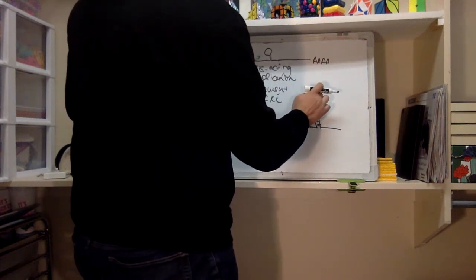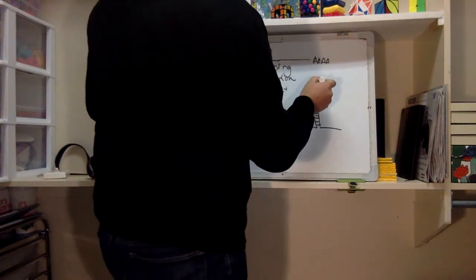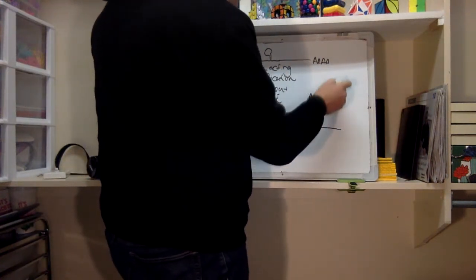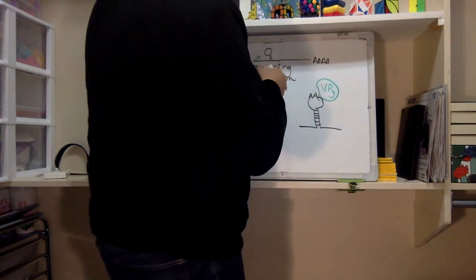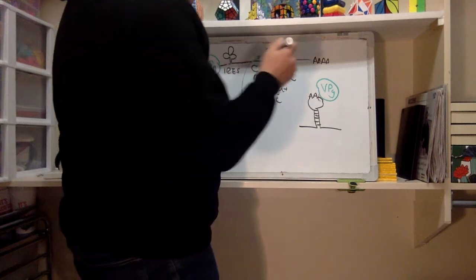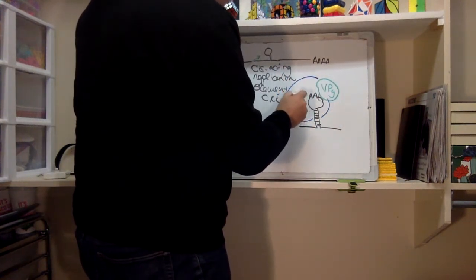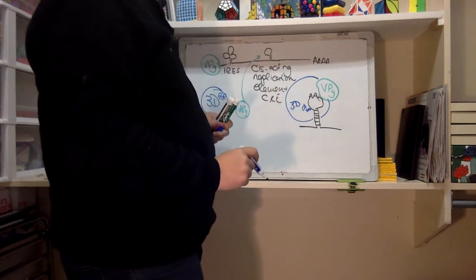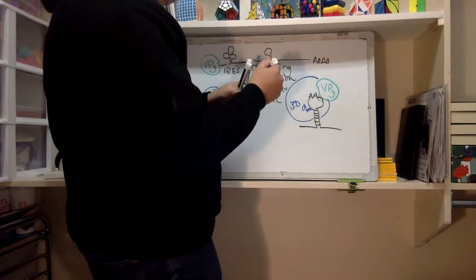There we go. Okay. VPG is going to sit right here. So there's our VPG. And 3D polymerase is going to sit over the entire thing. So we're just blowing this up to make it a little bit bigger.